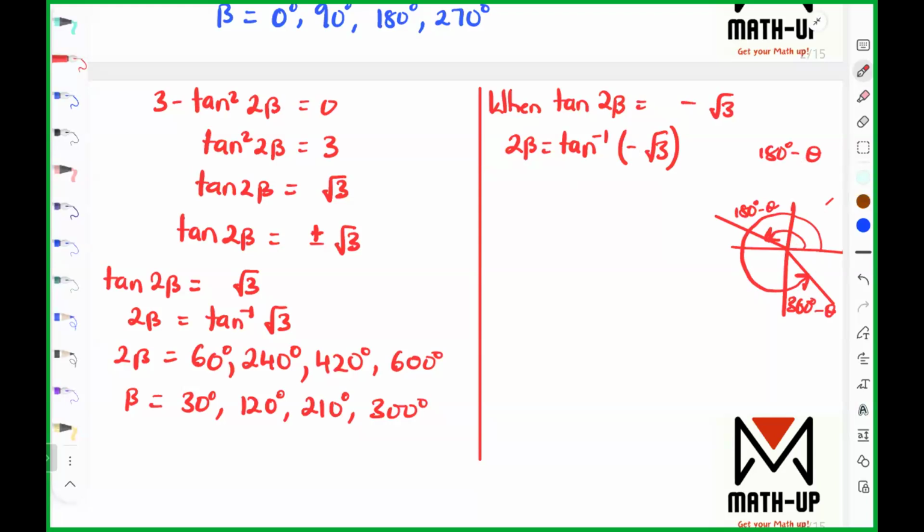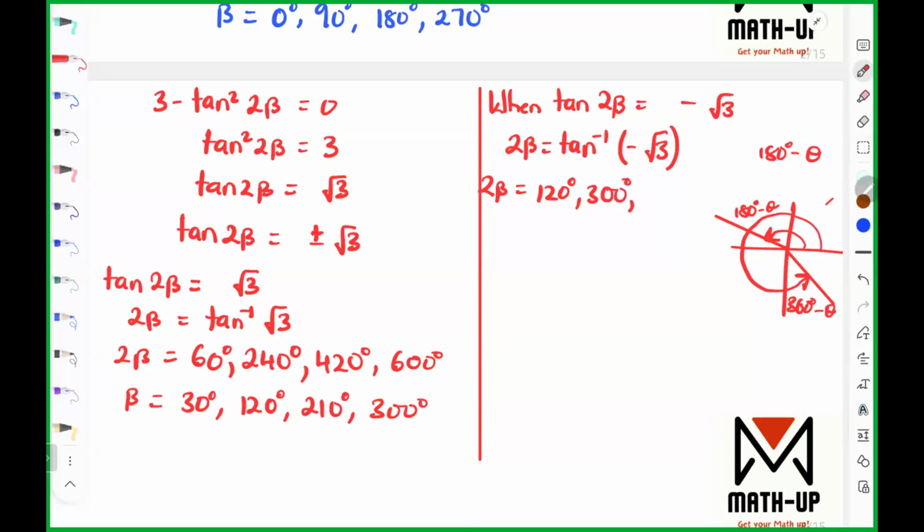So I'll have 180 degrees minus 60 degrees, since we have root of 3. So 180 minus 60 degrees will give me 120 degrees. Then 360 degrees minus 60 degrees will give me 300 degrees.